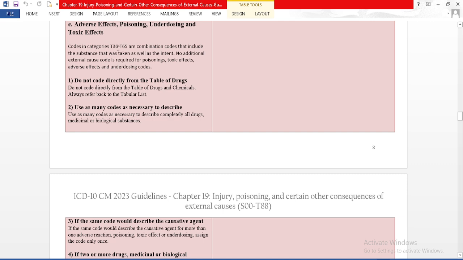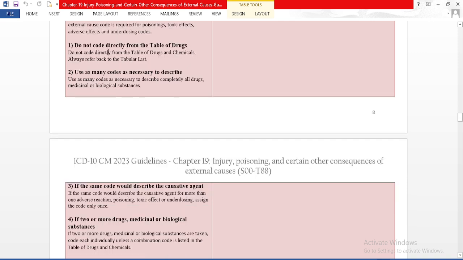We can't code directly from the table of drugs. Always we need to check the tabular list.